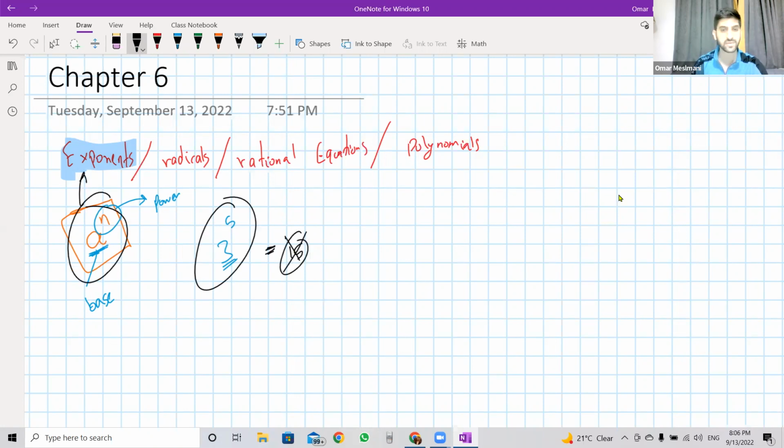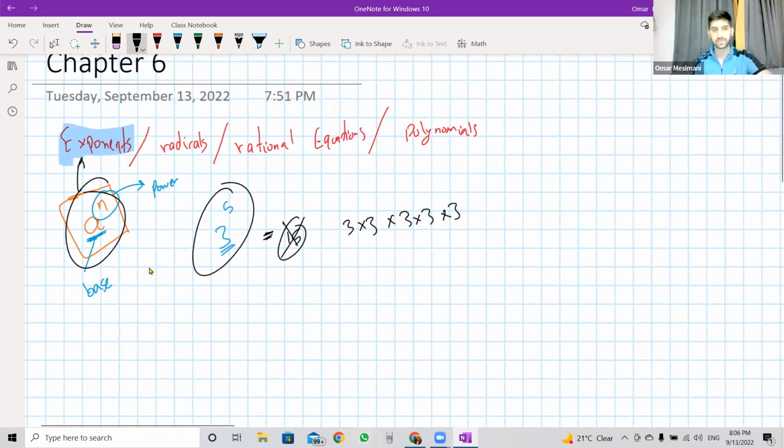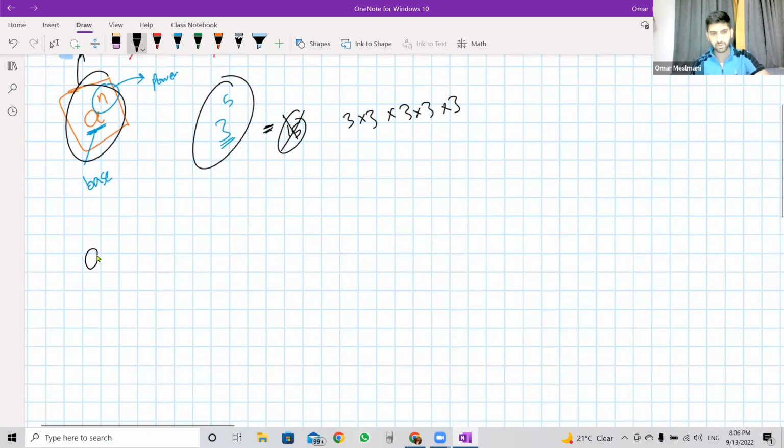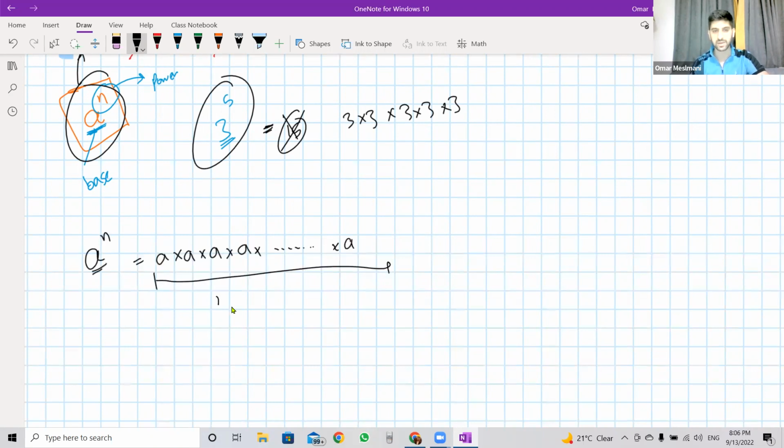Because 3 power 5 is 3 times 3 times 3 times 3 times 3. You repeat the base depending on the power n. So a to the power of n means a multiplied by itself, n times.